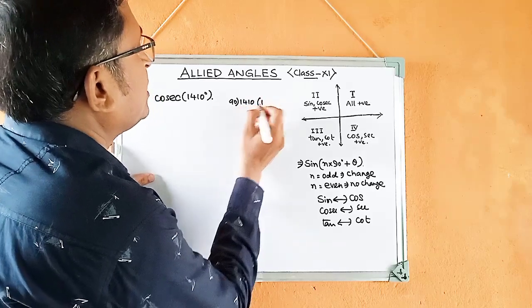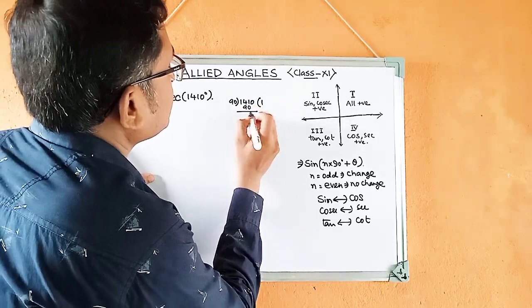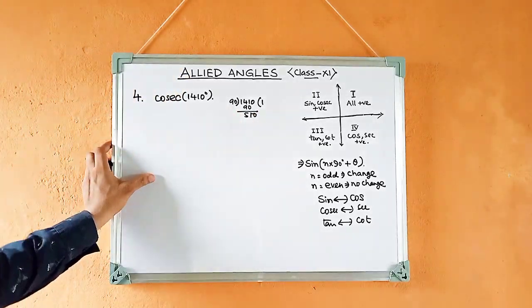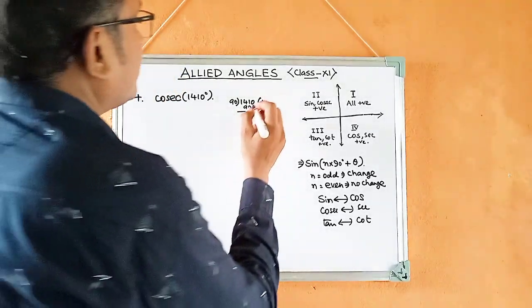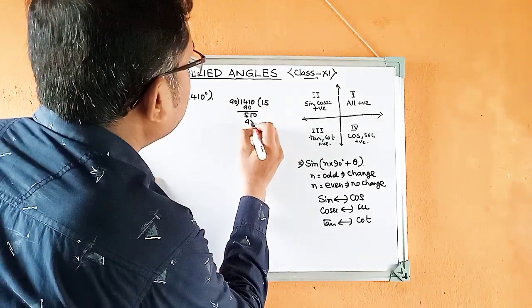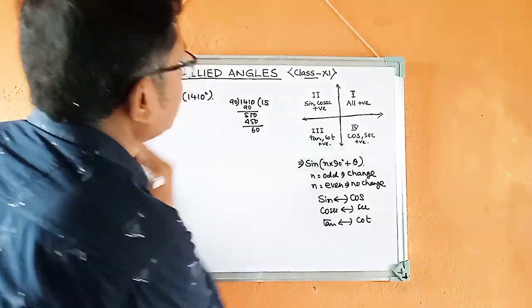First of all, 90 1 is 90. Then 510. Now 5 9s are 45. Then 60 degree.